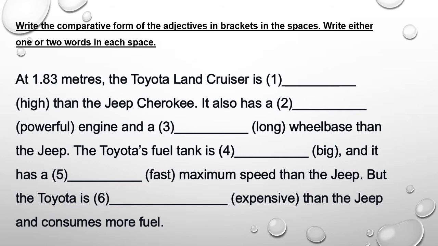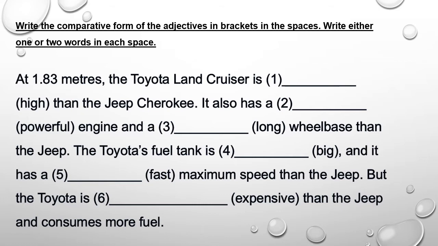Before you start, let me tell you something. Look at number 1. After the space here, we have between brackets, you have high. Number 2, you have powerful. 3, long. 4, big. 5, fast. 6, expensive.